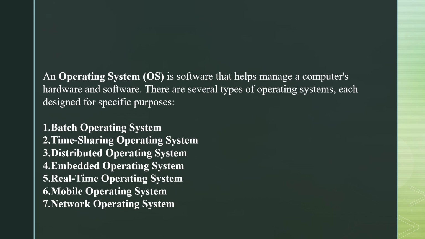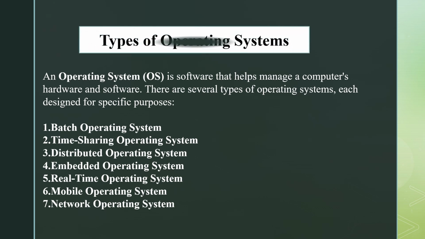There are several types of operating systems designed for specific purposes. For example, batch operating system, time sharing operating system, distributed operating system, embedded operating system, real time operating system, mobile operating system, network operating system.